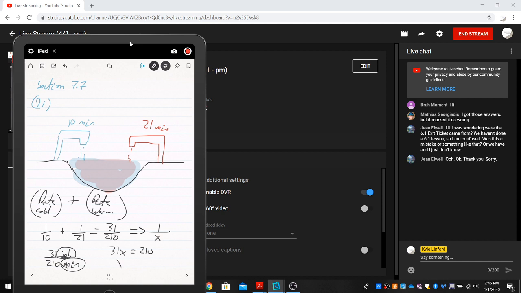And if I solve for x, I get 6.77 minutes, roughly that. What this is saying is to fill one sink, it would take 6.77 minutes, roughly about that. Okay? The idea here is when you combine the rates, you get the new total rate.